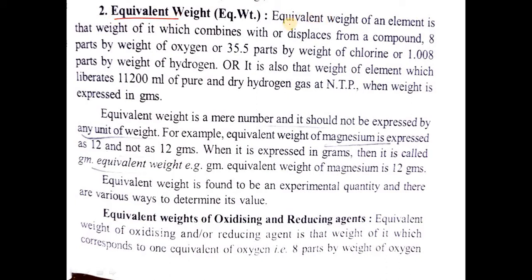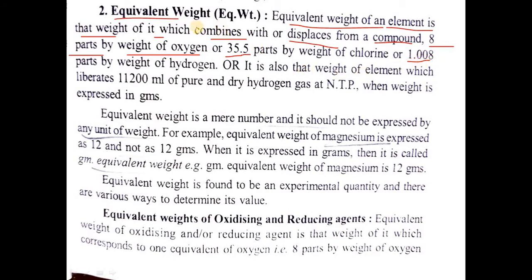The equivalent weight of an element is that weight of it which combines with or displaces from a compound 8 parts by weight of oxygen. For oxygen 8 parts, for chlorine 35.5 parts, and for hydrogen 1.008 parts will be replaceable.